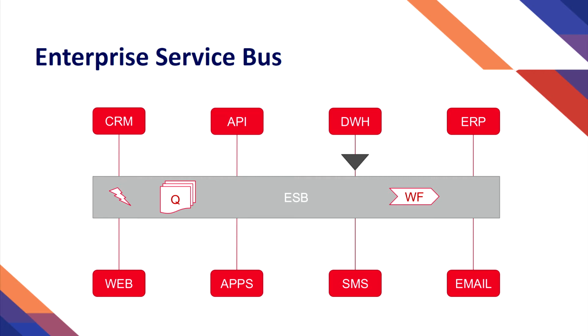Or the other way around, if the system at destination is too slow to receive messages and cannot cope with the demand, think of a fax machine or an SMS gateway, for example, the ESB can throttle the flow of messages and make sure that they are all delivered.